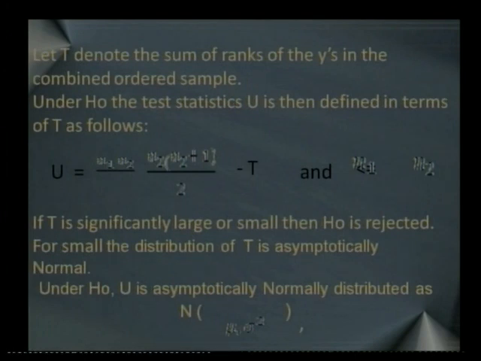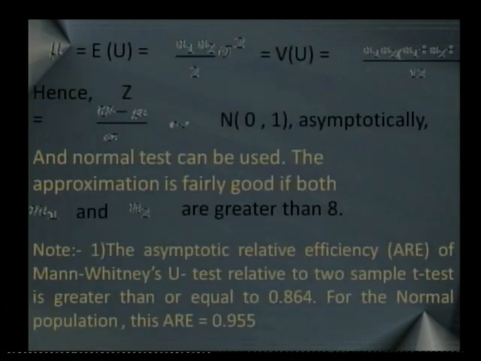If T is significantly large or small, accordingly we will accept or reject the hypothesis, and for large samples we can apply the normal test.